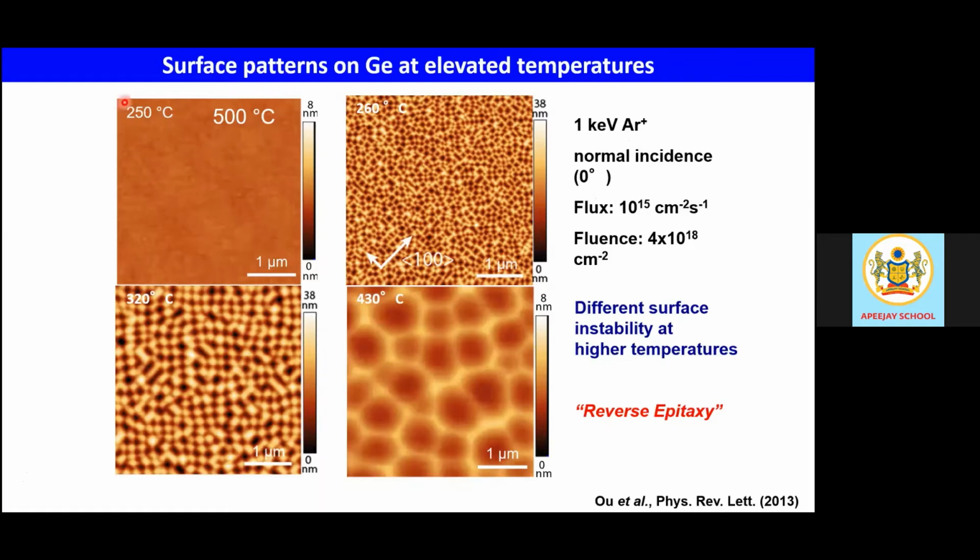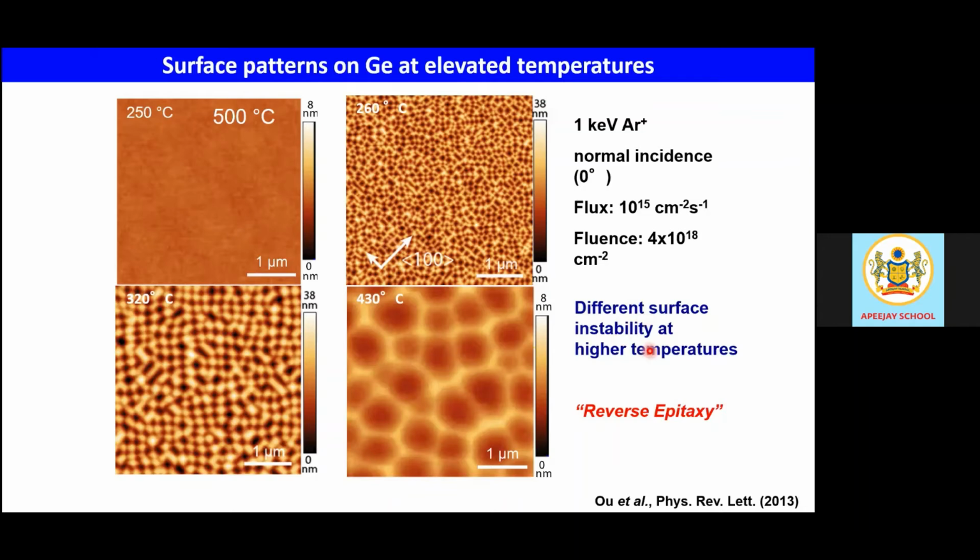But for germanium, up to 250 degrees centigrade, the surface remained flat. But you see, the same argon ions, which otherwise do not give rise to any pattern formation on germanium surface at room temperature or up to 250 degrees centigrade, give rise to tremendously different pattern formation.